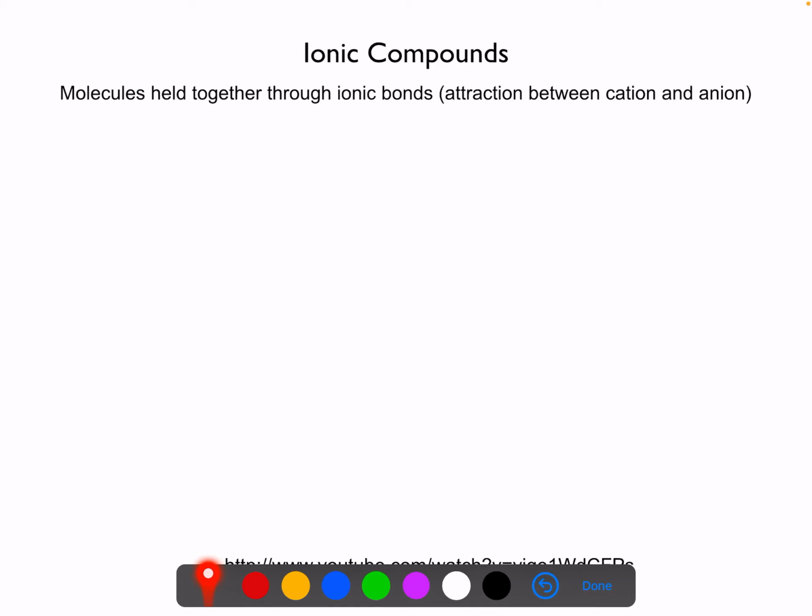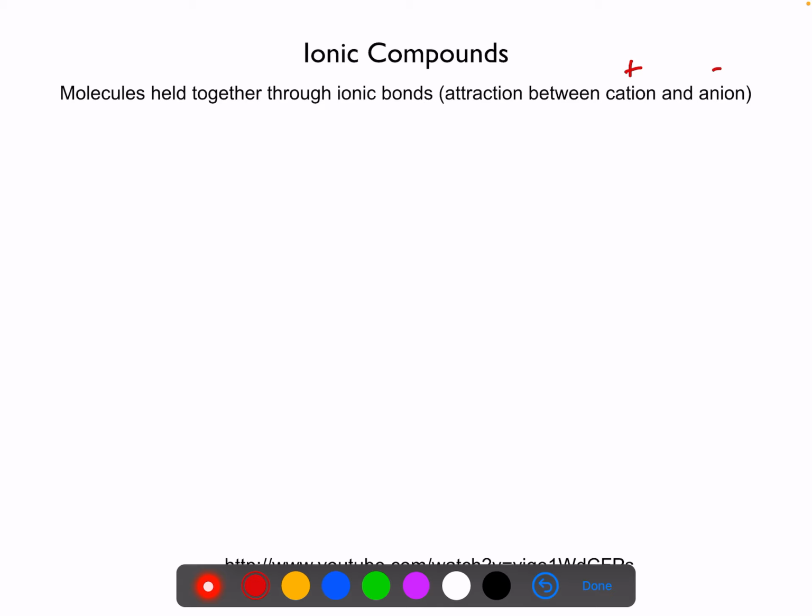So the first thing to think about with an ionic bond, right? These are molecules that are held together through the attraction of, again, cation and anion, a positively charged and a negatively charged. So all it is is a force of attraction between a positive and negative charge. Just think about magnets. Almost all of chemical bonding, we can use this analogy of a magnet. Opposite charges attract.